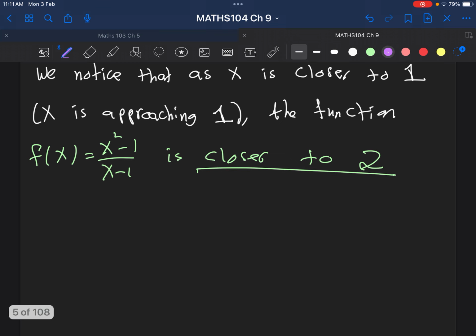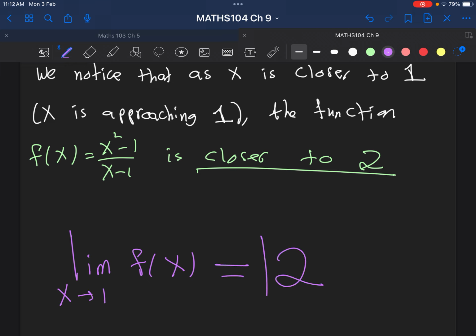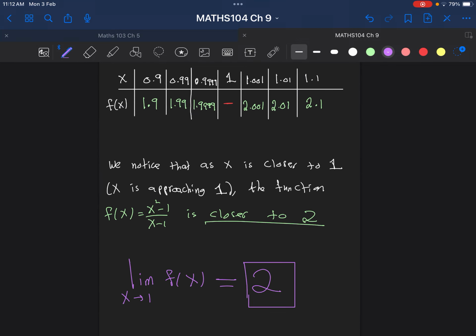That means, if we write it down, the limit of f of x as x goes to 1 will be 2. So the behavior of this function near x equal to 1 should be 2.